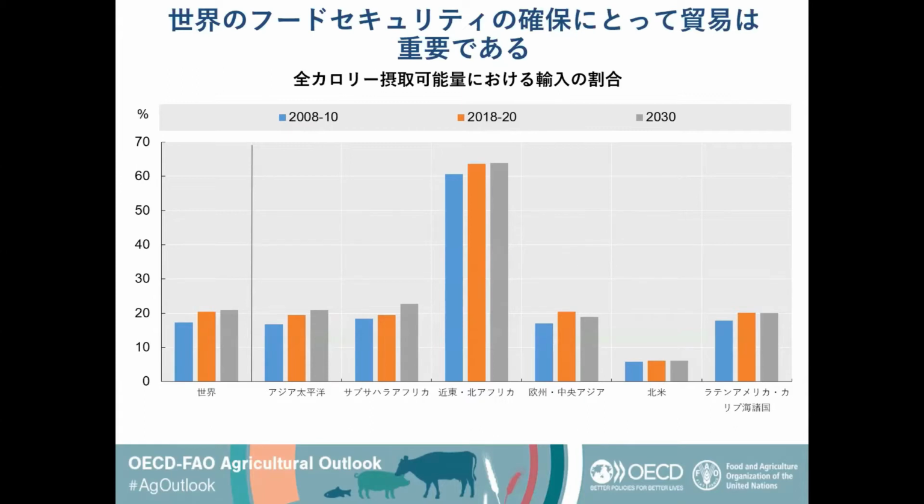There are some exceptions, but generally you can think that a fifth of the calories you consume have crossed the border. You see it's much higher in North Africa and the Near East, as the production potential is lower there. The opposite is true for North America. It is a traditional surplus region, and the countries are also very large.